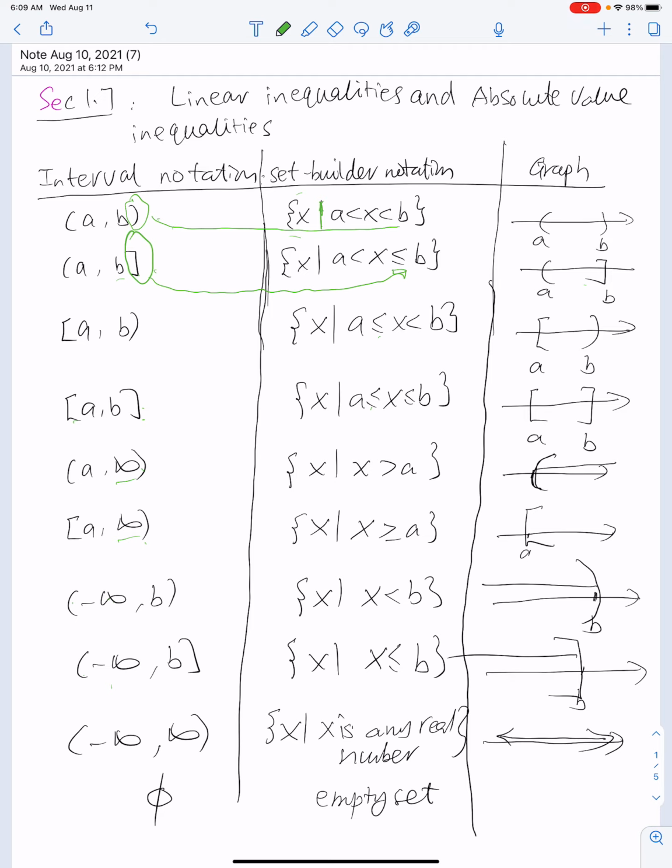So when you have a bracket here, it means bigger than or equal to a. A bracket here means less than or equal to b. And this one is a tricky one: negative infinity to infinity means the whole number line. And if you have a 0 with a line going through it, that means the empty set, meaning nothing in there.